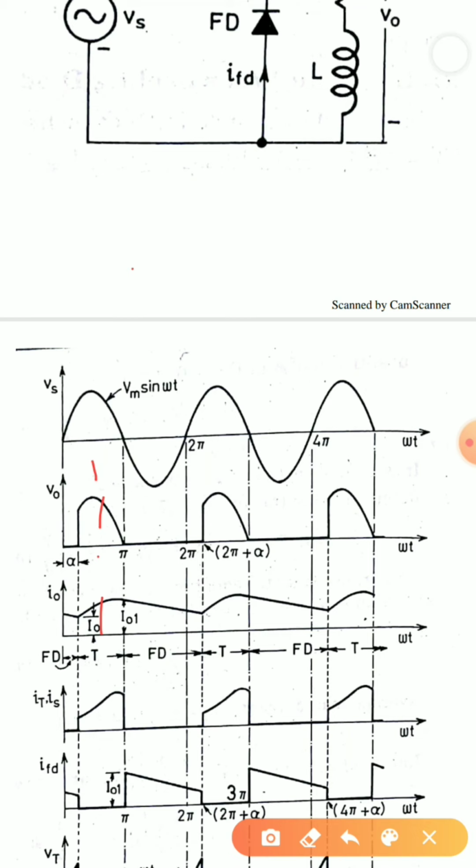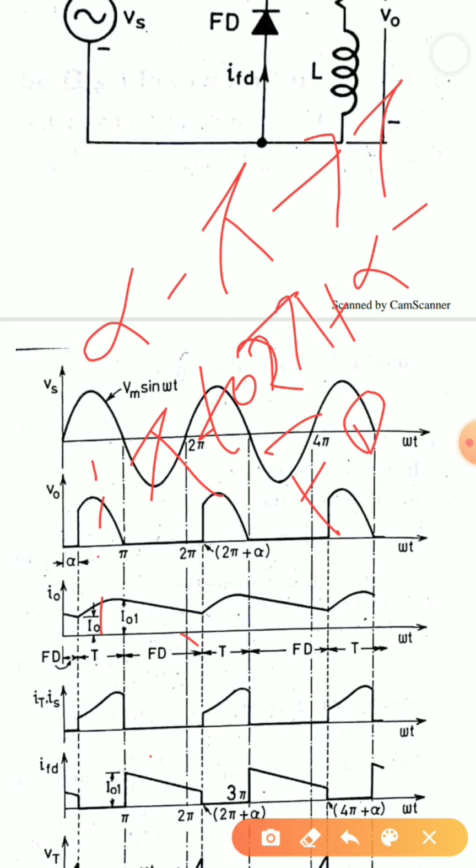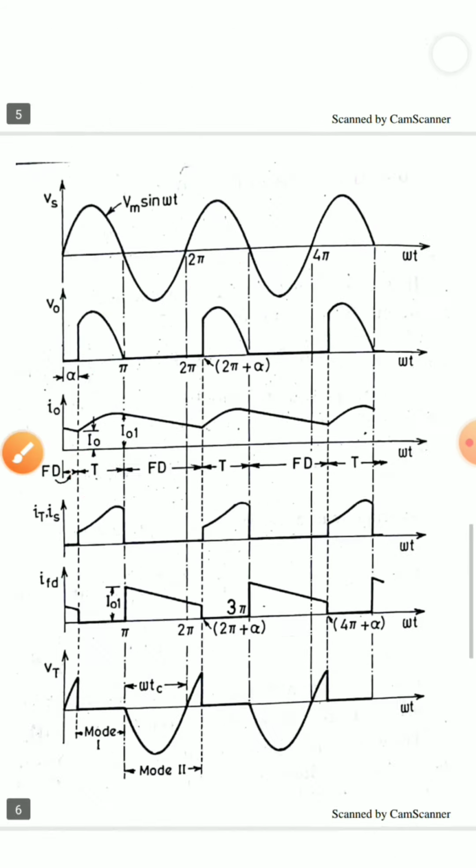From alpha to pi, my thyristor T is conducting, and from pi to 2 pi plus alpha, my freewheeling diode is conducting. So it is quite clear that the thyristor is conducting and the freewheeling diode is also conducting.